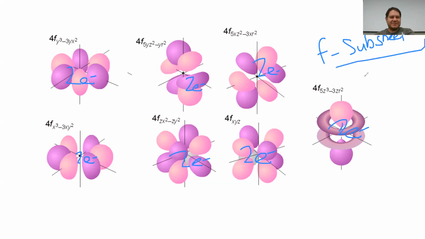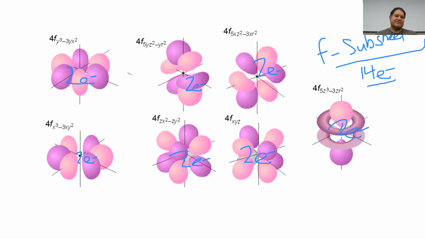And how many maximum electrons? 14, right? There are 7 orbitals, with 2 electrons in each one. That's 14 electrons total in the f subshell. And all of these f orbitals have exactly identical energies.